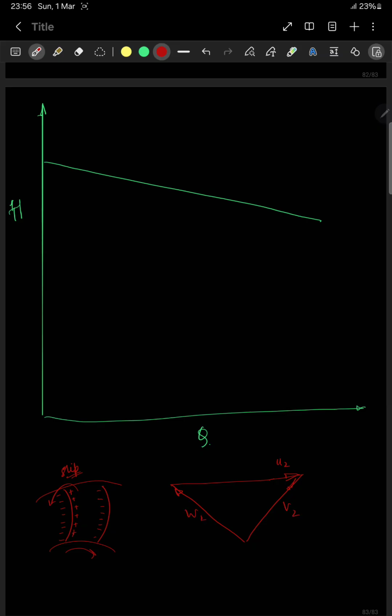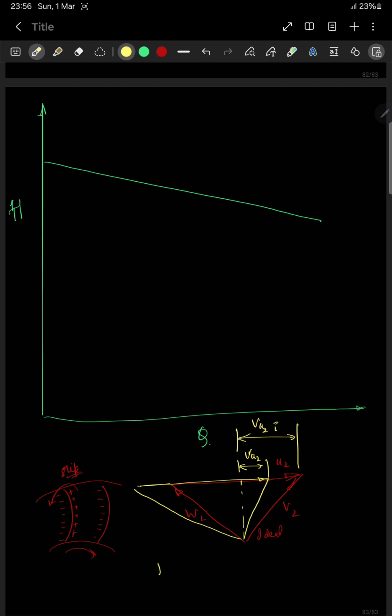If this is the ideal case, because of slip, this is the actual triangle, right? You can see this is Vu2 actual and this is Vu2 ideal.